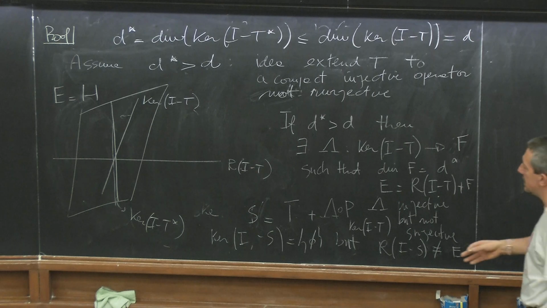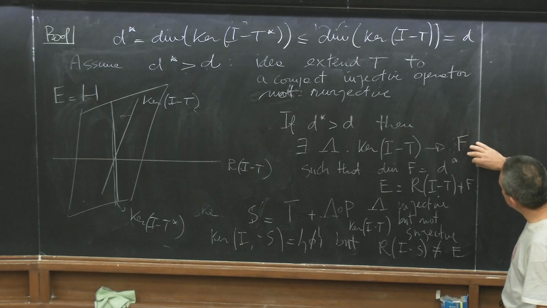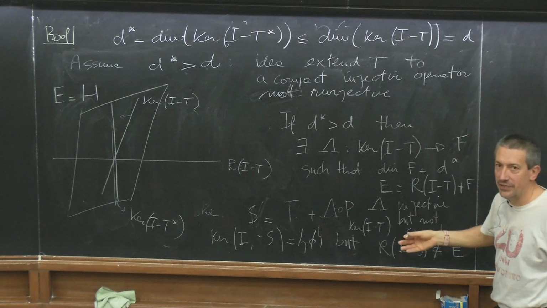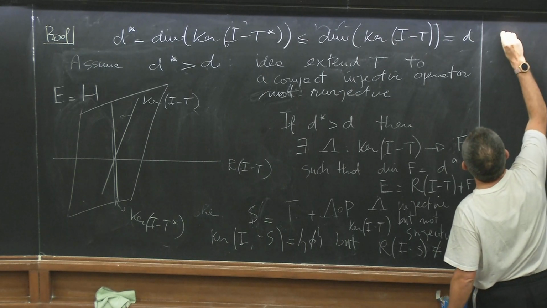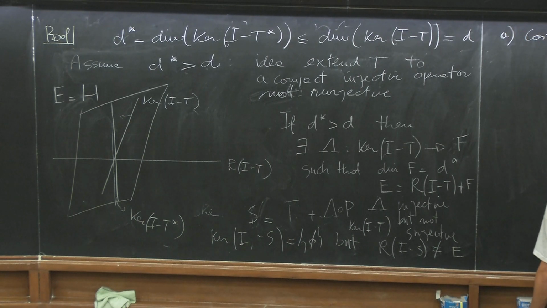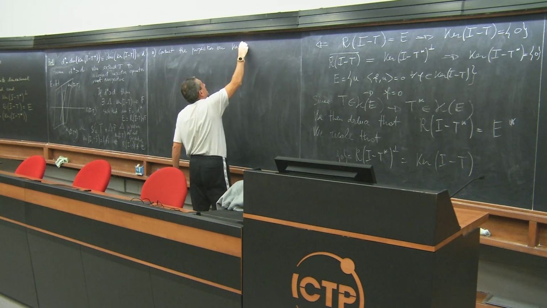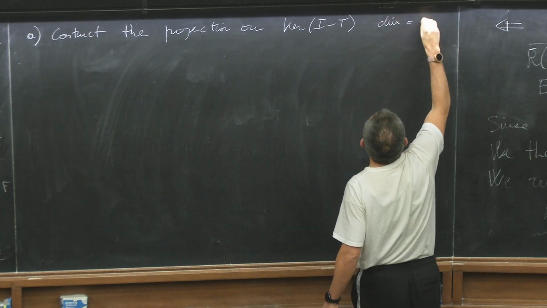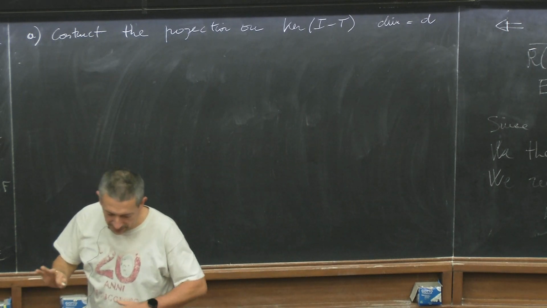Okay, I need to define the projection on the kernel. I need to find the topological supplement, so this orthogonal space F in Hilbert space would be really the orthogonal space. Okay, so first of all, we construct the projection on the kernel of identity minus T, which has dimension D. Okay, there is a general approach, but here we are very specialized.